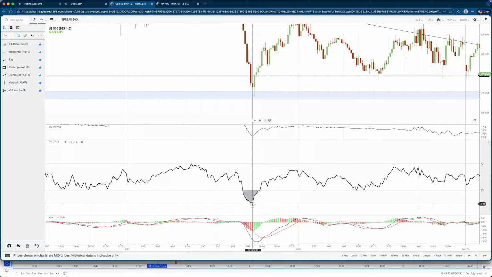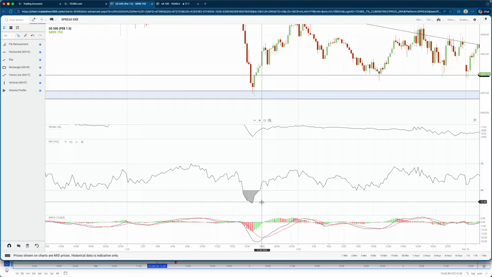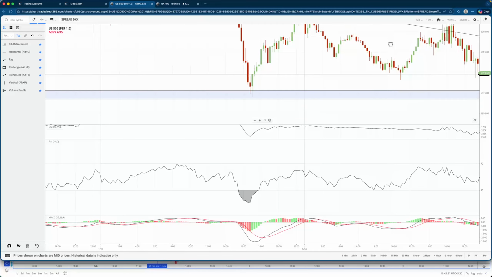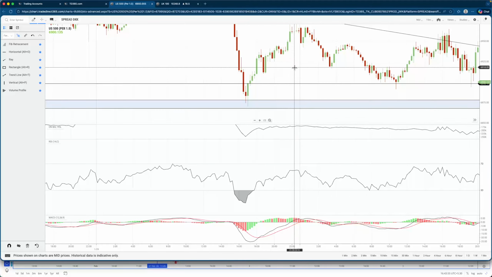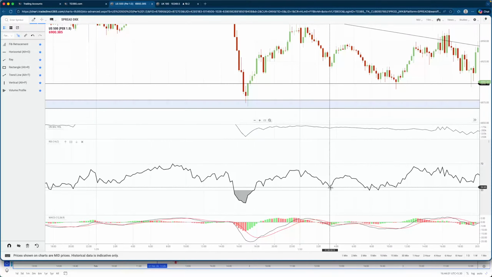And on the pullback, we see the price rising, the RSI going up. It made a higher low at a value of 34, and this was 35.